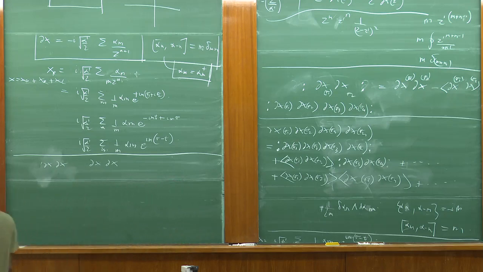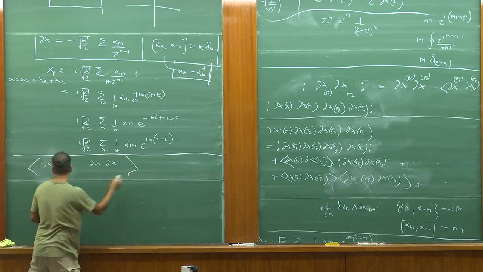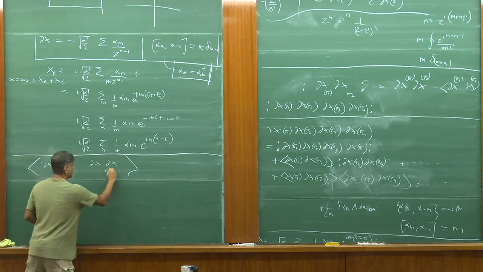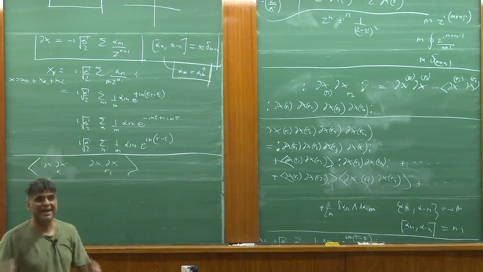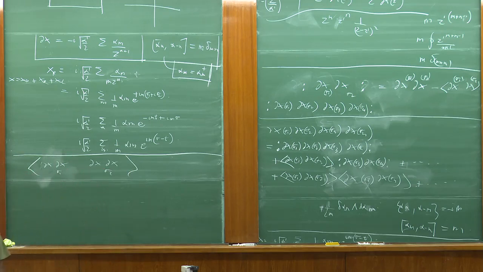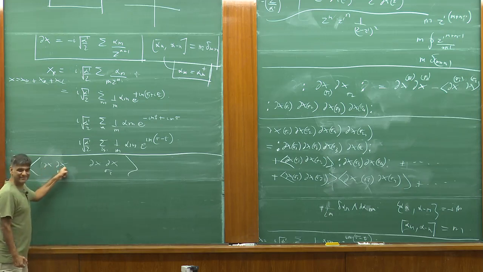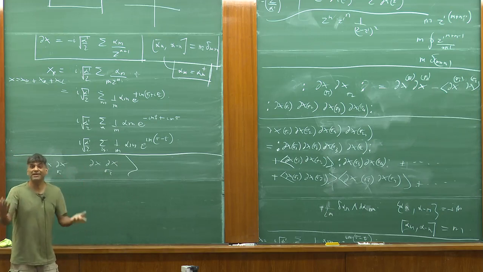Now, had I been using just the bare expressions, the correlation function of this guy, so this is at sigma 1, this is sigma 2, would have been given by Wick contractions. So we would have contracted in pairs, and we would have got a term which was this with this, and this with this, which would have been infinite.